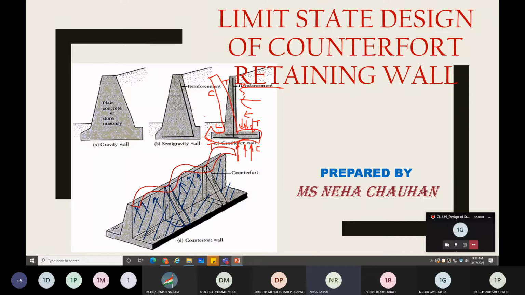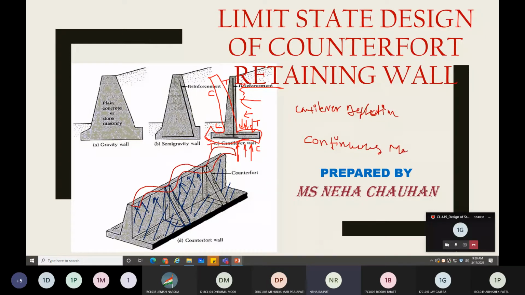Compare this deflection with your cantilever retaining wall deflection. Here the deflection is a kind of cantilever deflection, meaning the deflection which takes place in a cantilever support. And here this deflection is known as deflection due to a continuous member.